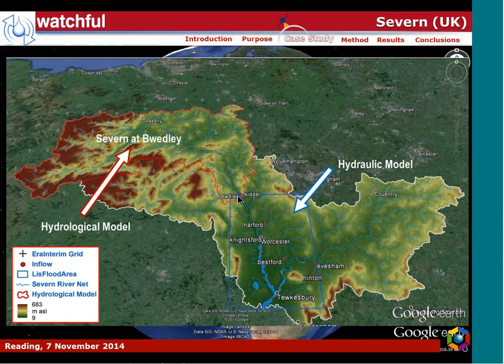Of course, there are different other tributaries that could have been modeled as well, but to simplify the approach, we took for these other tributaries the in situ measured discharge to force the model. So in fact, we have then the only modeled data at the Bewdley gauging station, which is the main contributing area of the Severn, and for the rest we use the in situ measured discharge to force the hydraulic model.